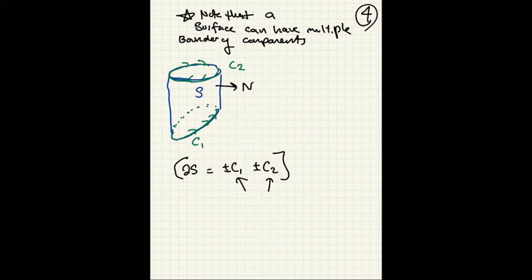So you should read this as: the boundary of S is a positive or negative accumulation of the curves C. The plus and minus is determined by whether the orientations agree. So let's see if we should be using plus C1 or minus C1.